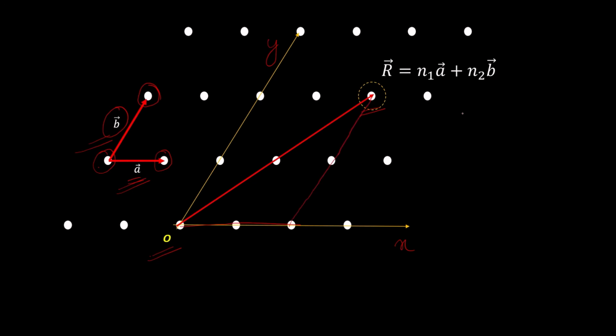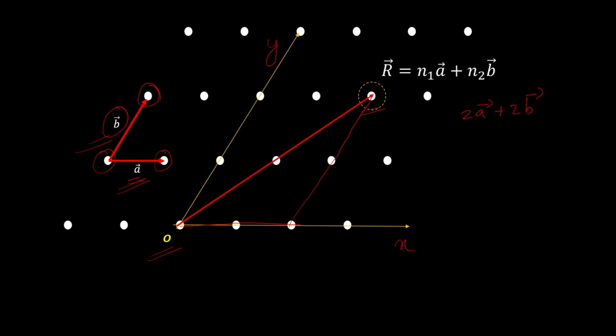So you can see that this point is 2a plus 2b. So both n1 and n2 are 2 in this particular case. In this fashion you can represent the position of any of the lattice points in terms of these lattice vectors A and B.